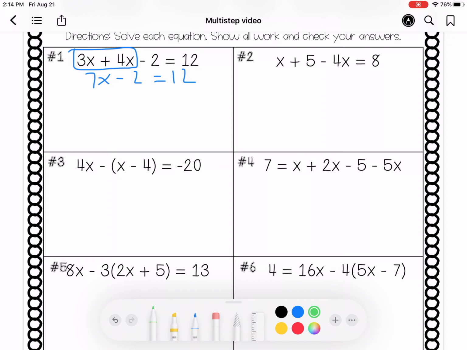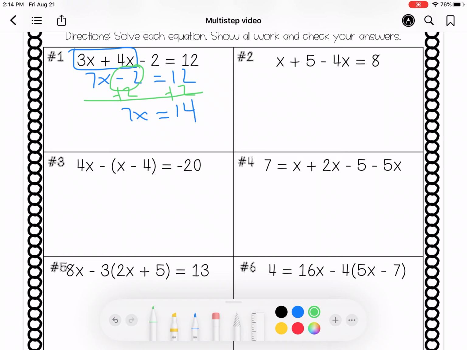As we recall from our first 2-step equation, we look at our constant, negative 2, and we know we need to move it. So how do we move a negative 2? We add it. So we add 2 to both sides, and we're left with 7x is equal to 14.